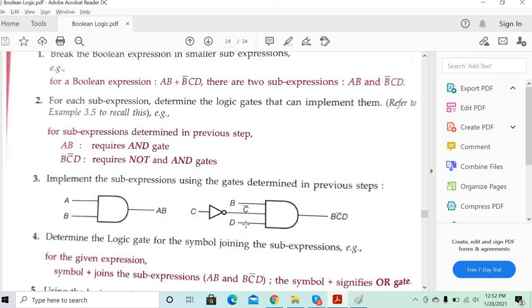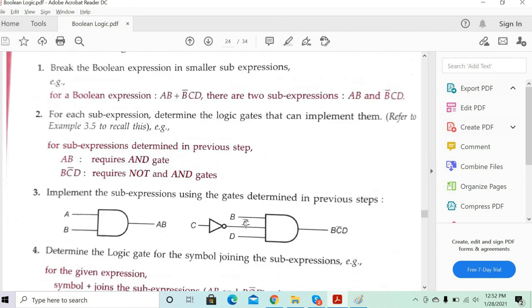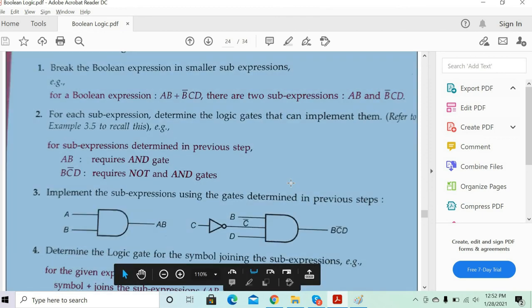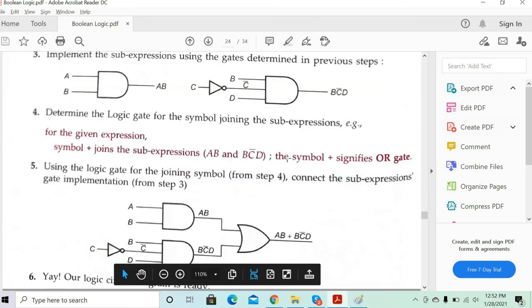Correct? Yes, sir. Input of B, C, D. So B will get complemented. Clear? That part is clear to you. Now let's go to the next part.